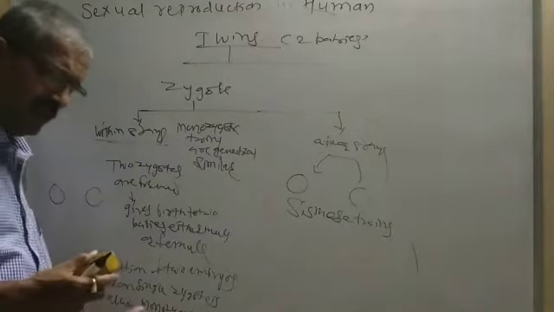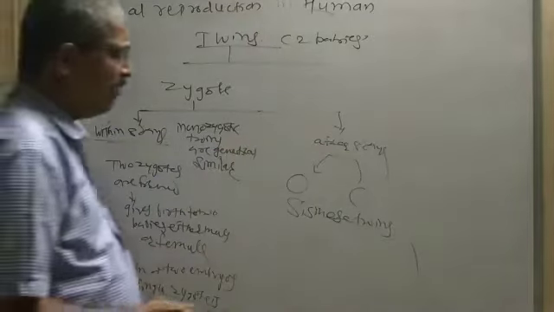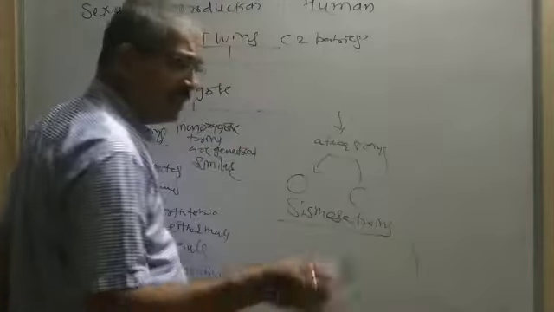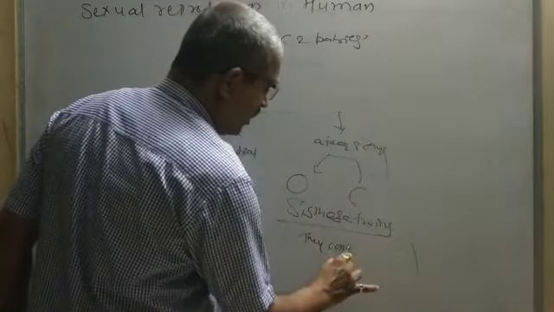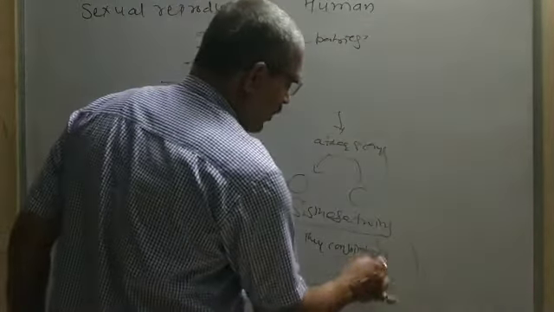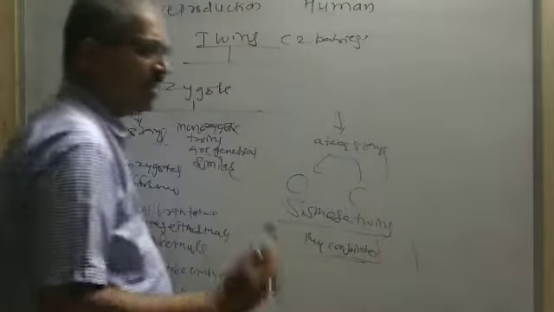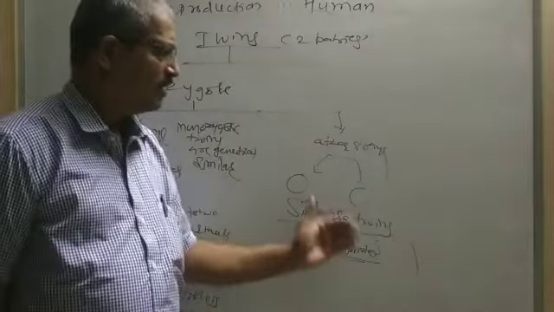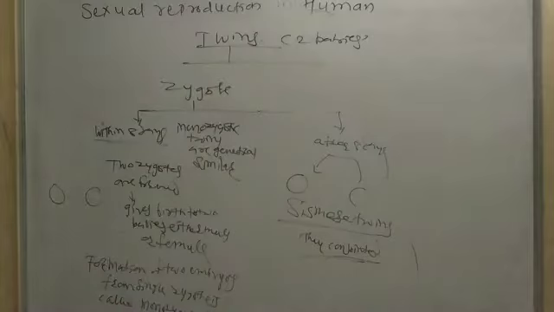Here there is nothing dangerous in monozygotic twins, but when the zygote divides after 8 days, the twins formed are called siamese. They are conjoined, means some parts are common, and there are very few chances of survival of these siamese twins.